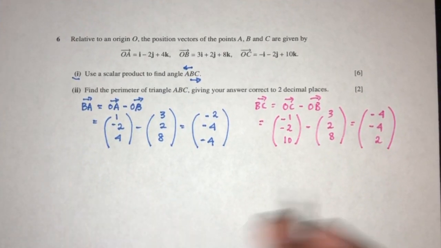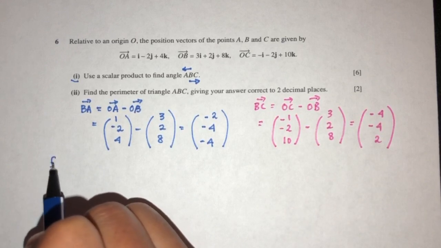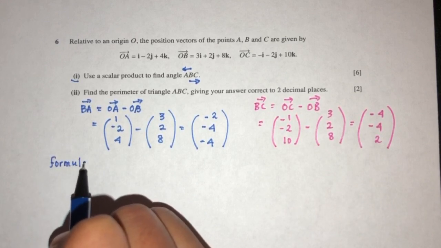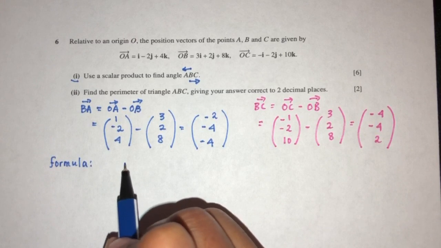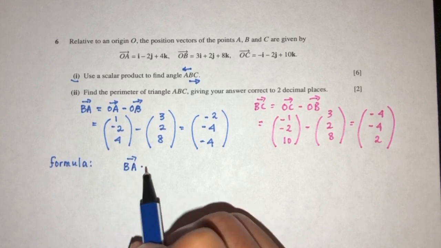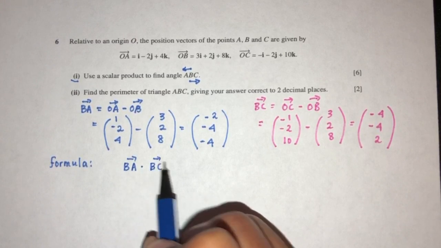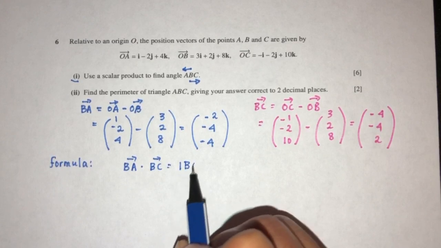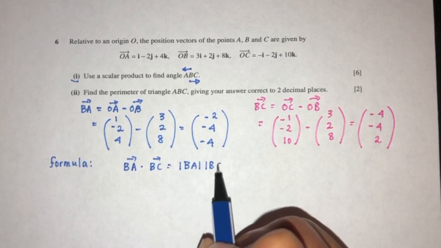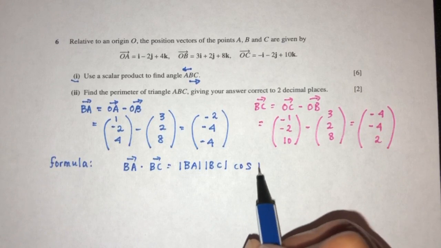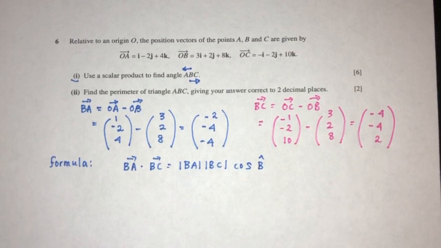So that will be, by definition, the formula we use. The dot product of BA and BC is equal to the magnitude of BA times the magnitude of BC times cos of the angle B. So this is something we use, or we have to know when solving these kinds of questions.